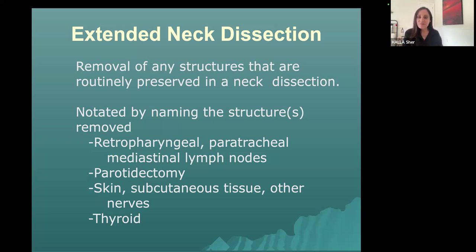Sometimes we have to do a parotidectomy, superficial or total, or sometimes we have to remove portions of skin, sometimes for cutaneous malignancies, or sometimes you can have such bulky cervical lymphadenopathy and advanced disease that has actually ulcerated through the skin. And so sometimes some of that skin has to be removed. So any of those would constitute an extended neck dissection.